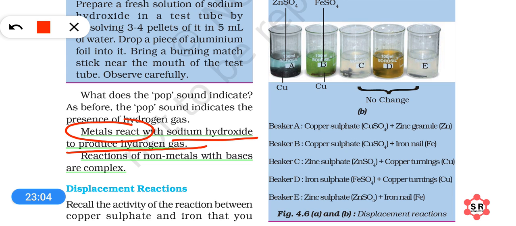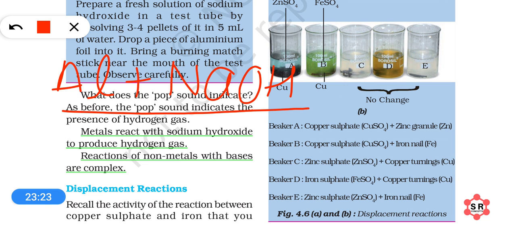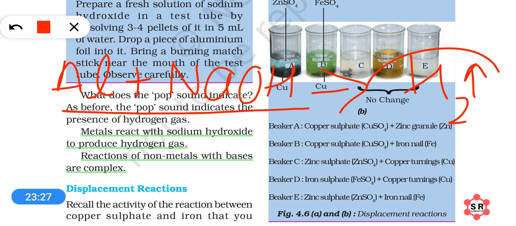We have taken a piece of sodium and a piece of aluminium and put them into a solution of sodium hydroxide, NaOH. In this reaction also we will see that hydrogen gas is being produced.